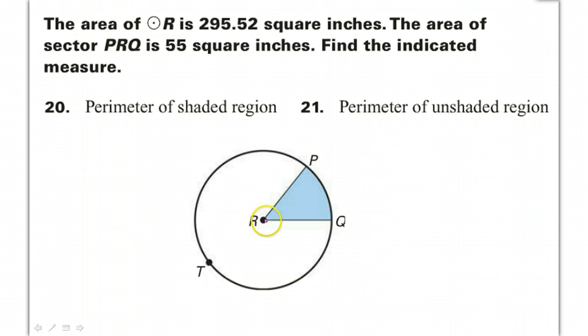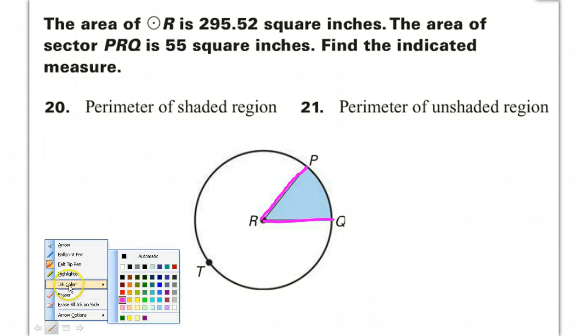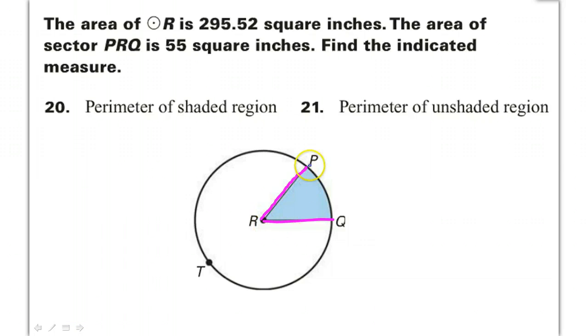So we're supposed to find the perimeter of this shaded region. That means we have 3 lengths to add up. We have these 2 lengths to add up, and we have a third length, the curved length. Let's see, I'll make it blue. Okay, those are the 3 things I have to add up.